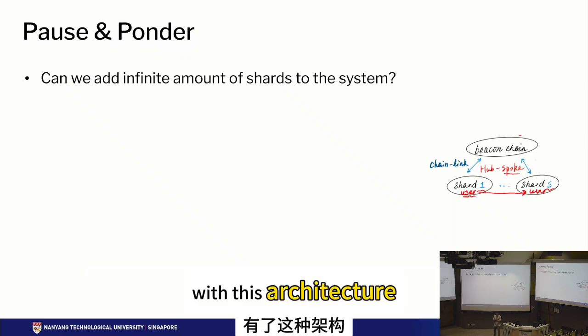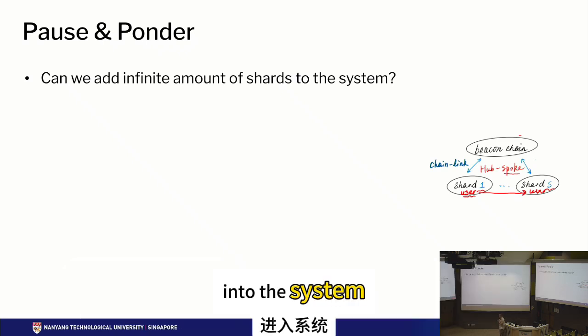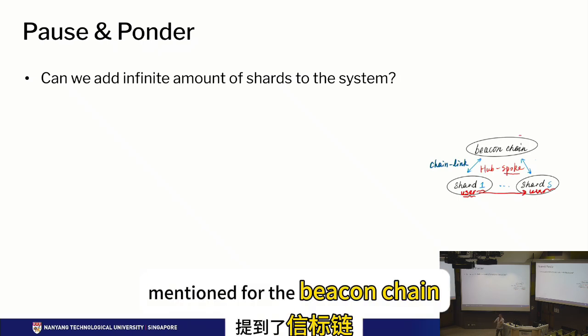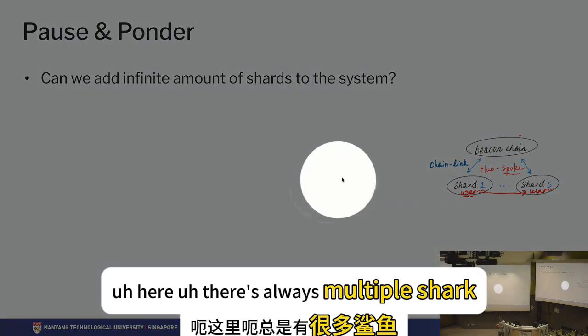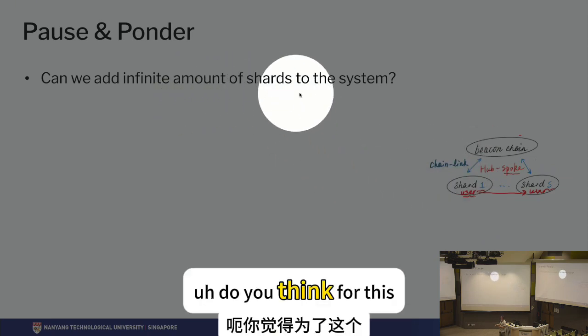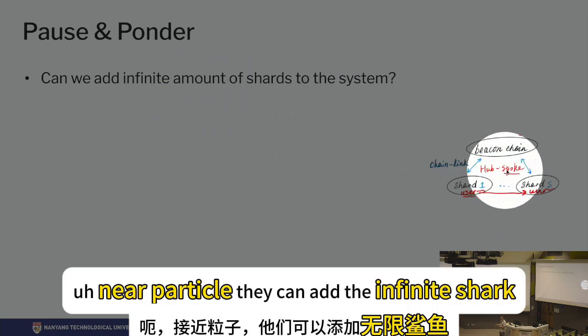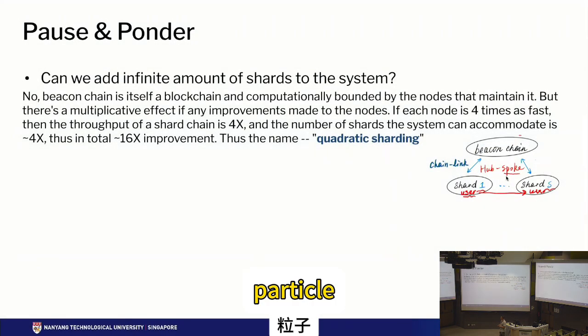With this architecture, do you think they can add an infinite amount of shards into the system? Like I mentioned just now for the beacon chain, there are always multiple shards and the beacon chain, right? Do you think for Near Protocol, they can add infinite shards into the protocol?